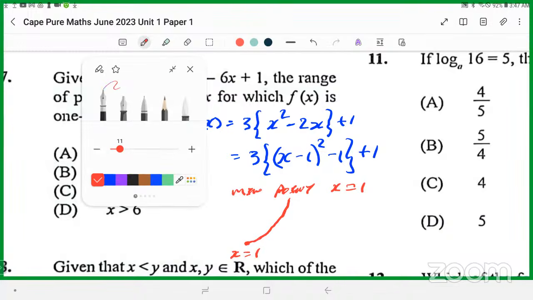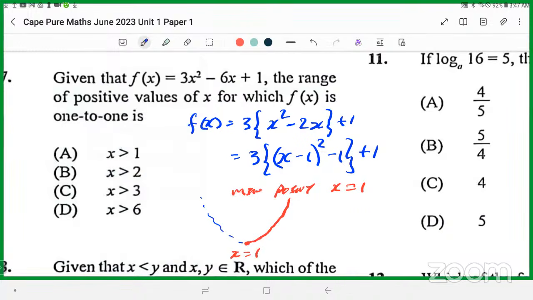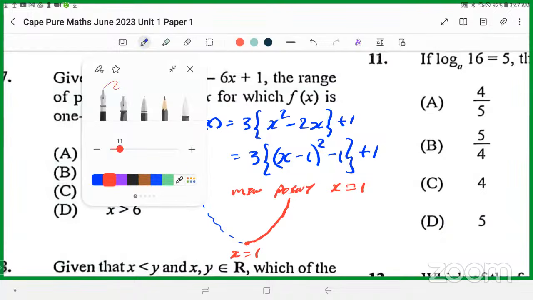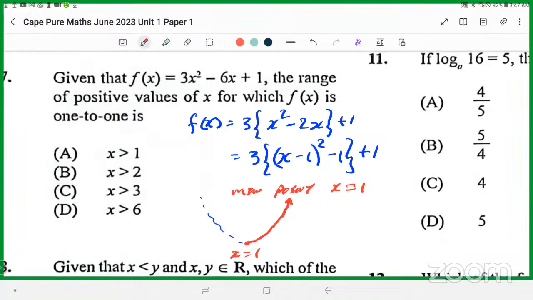You don't want the left half of the graph for it to be 1 to 1. Because remember, if you have the whole graph, then it will fail the horizontal line test. So that's why you only want this half of the graph. And so it is 1 to 1 when x is greater than 1.